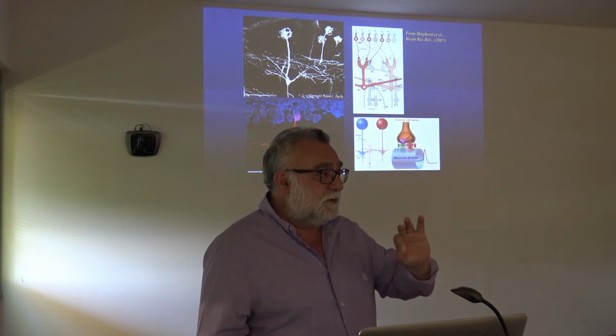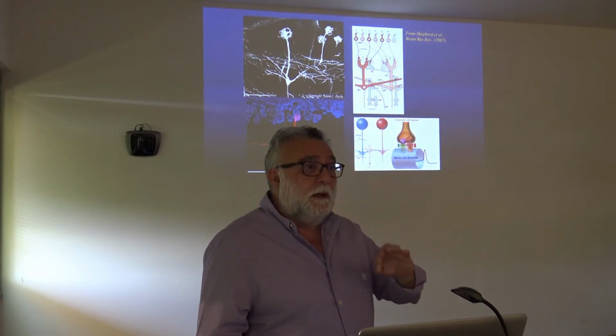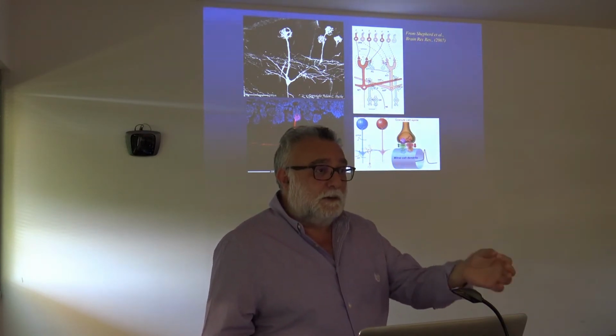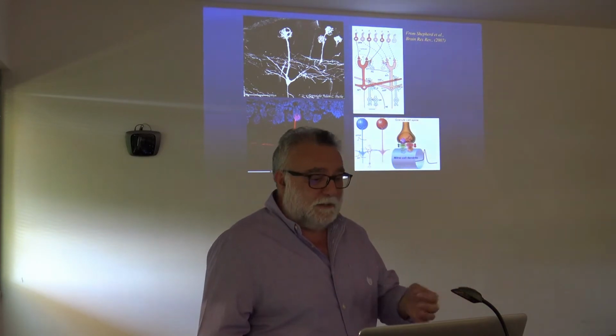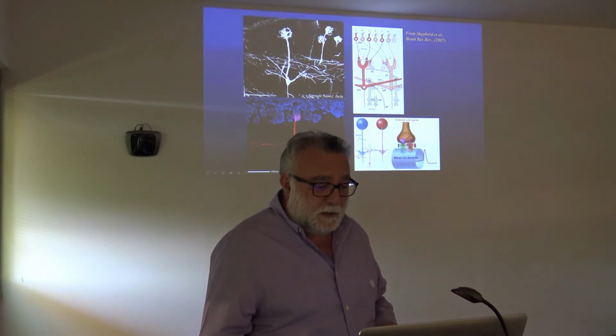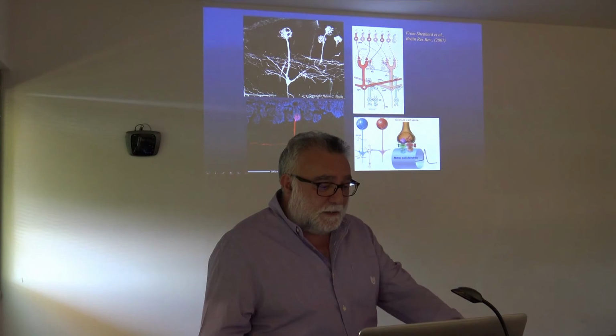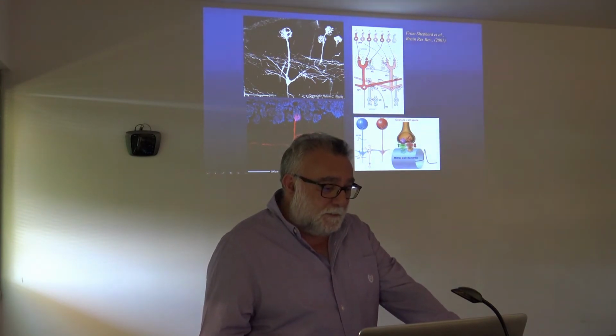The dendrites of the so-called granule cells, which are inhibitory, and the spines that are on the mitral cell dendrite. And it works this way. The odor generates action potentials on the mitral cells, on the distal dendrite of the mitral cells. It propagates to the soma, and then it propagates to the lateral dendrites.